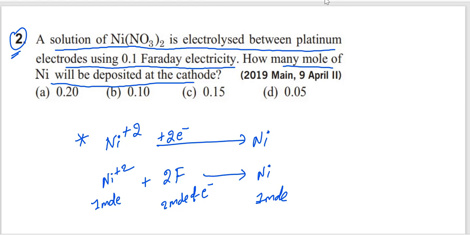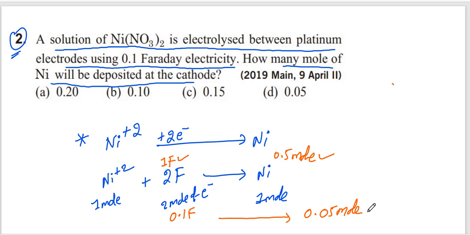Now, suppose you give only 1 mole of electrons, that means 1 farad, how much will it form? 0.5 mole nickel will be deposited if you provide 1 farad, right? If you provide only 0.1 farad, obviously 0.05 moles nickel will be deposited.